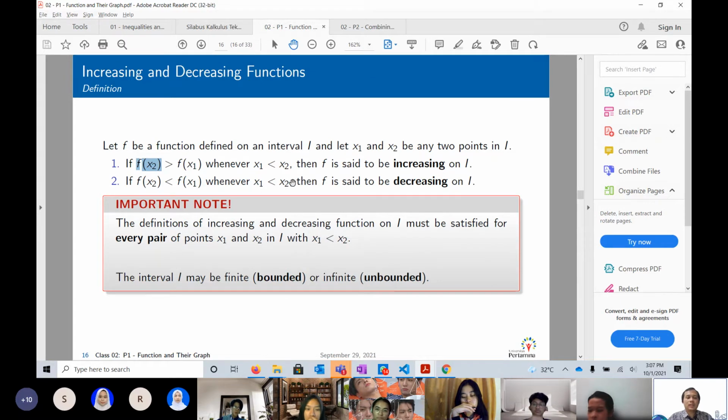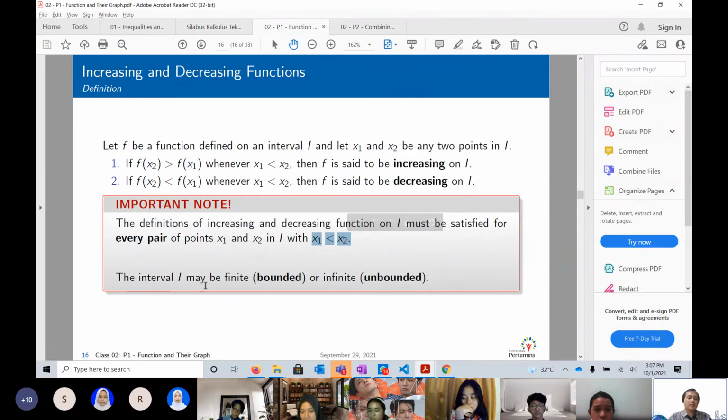What is important here is that this must be satisfied for every possible pair of x1 and x2 in the interval I, with x1 less than x2.